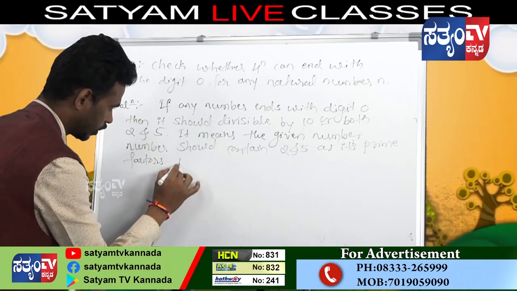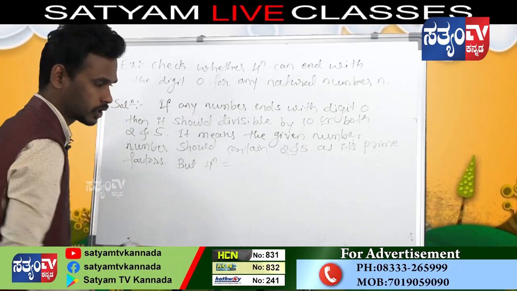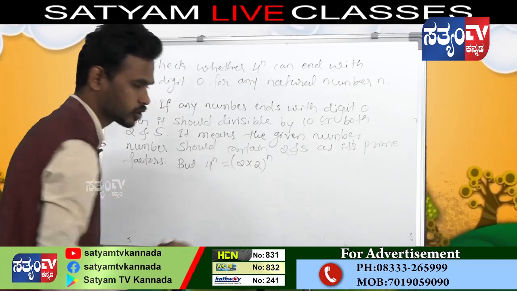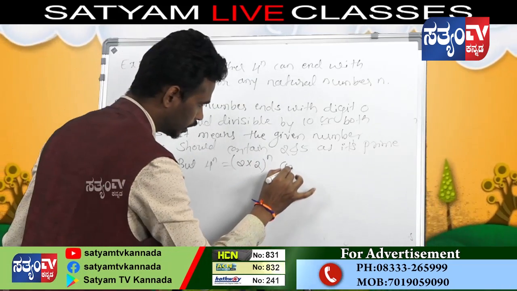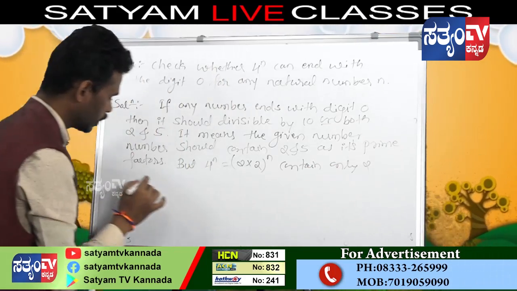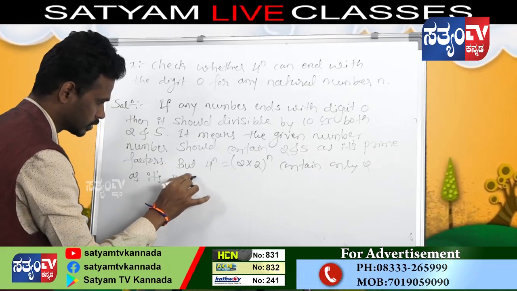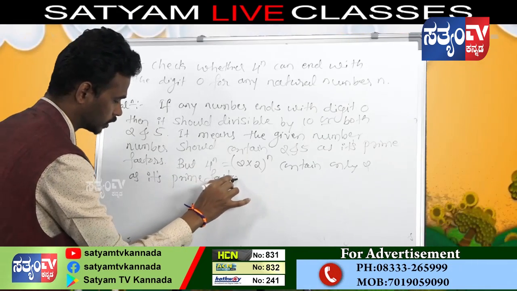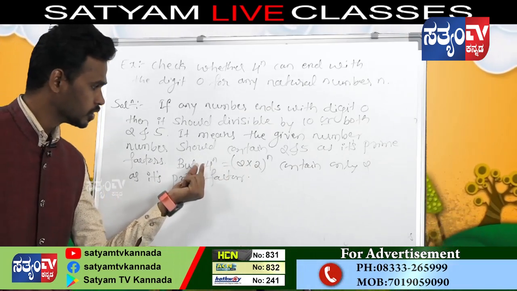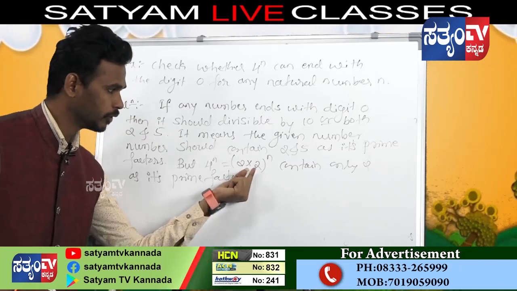But let's see here now. 4 raised to n, which equals what? 4 we can write as 2 into 2, whole raised to n, contains only 2 as its prime factor. Just see, 4 we can write as 2 into 2, so the prime factorization of 4 contains only 2. Here 5 is not there.